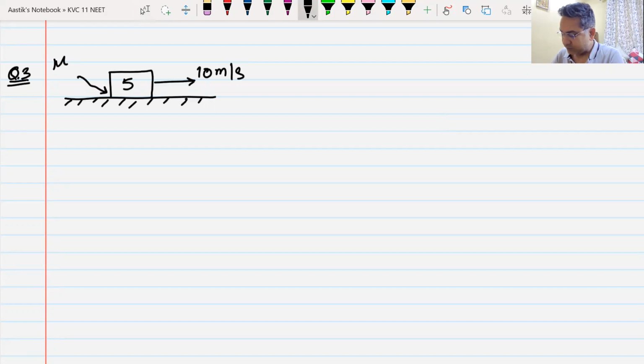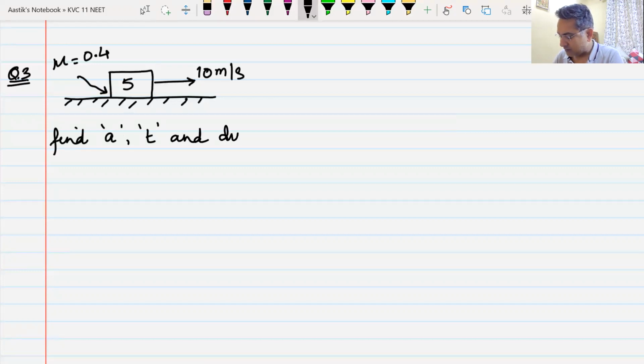The value of mu is given as 0.4. You have to find out the acceleration of the body, time taken to stop, and the distance traveled. Remember, it is moving in a straight line. So if I ask you distance or the magnitude of displacement, it is going to remain same. I'll give you 2 minutes to solve this.